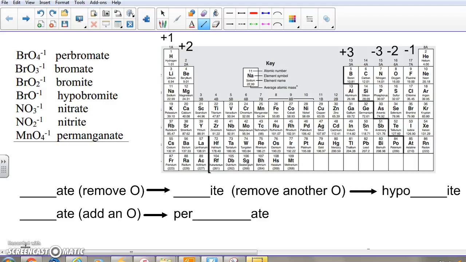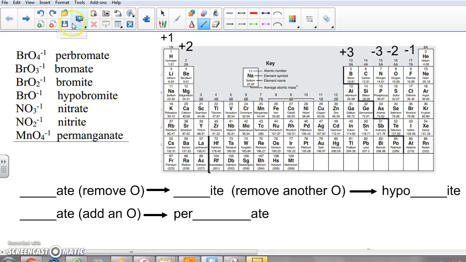You'll notice that we have perbromate, bromate, bromite, hypobromite, nitrate, nitrite, and permanganate. So almost all of these, 4 of the 7, are bromine ions, so they of course contain bromine, as you'll see over here. And they are ate or ite, so they contain oxygens as well, and then they follow our nice little rule.